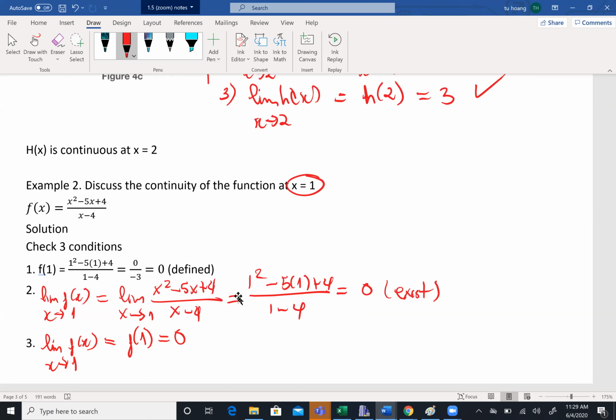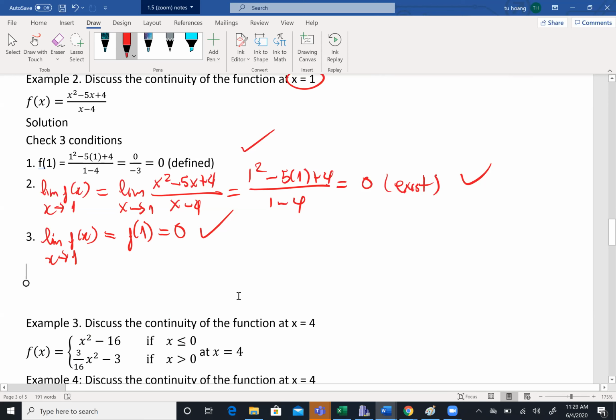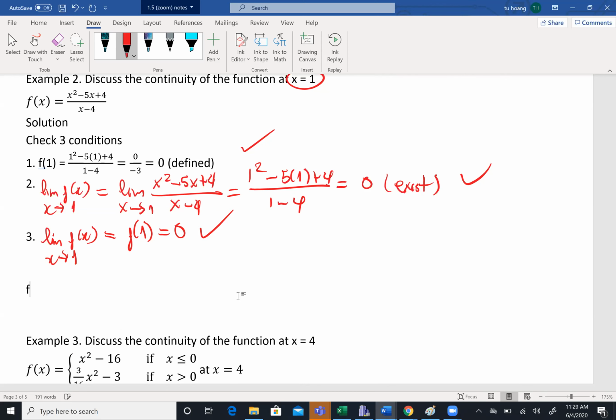So since I satisfy the 3 conditions, I'm gonna make the decision that f of x is continuous at x equal to 1. Okay.